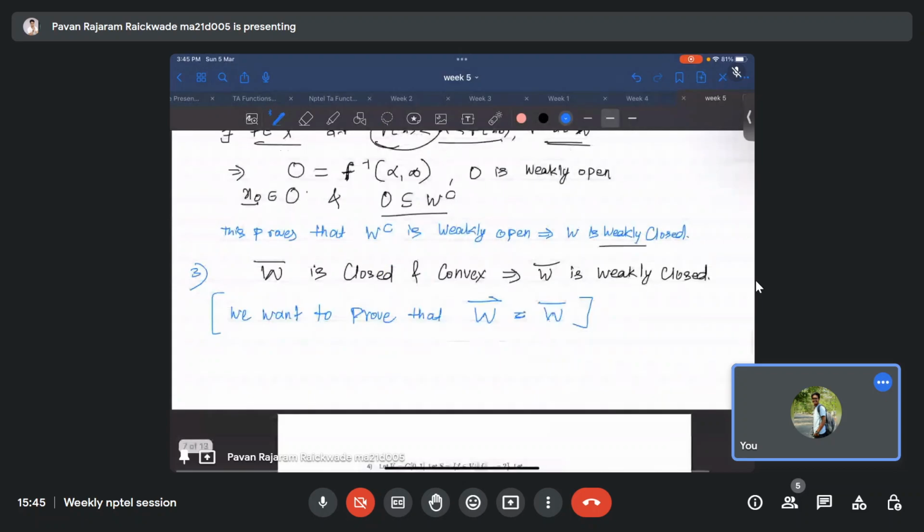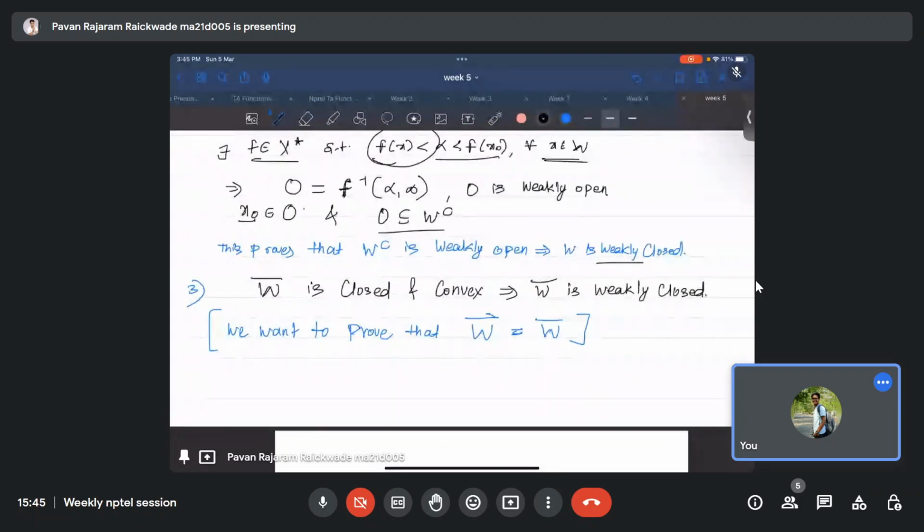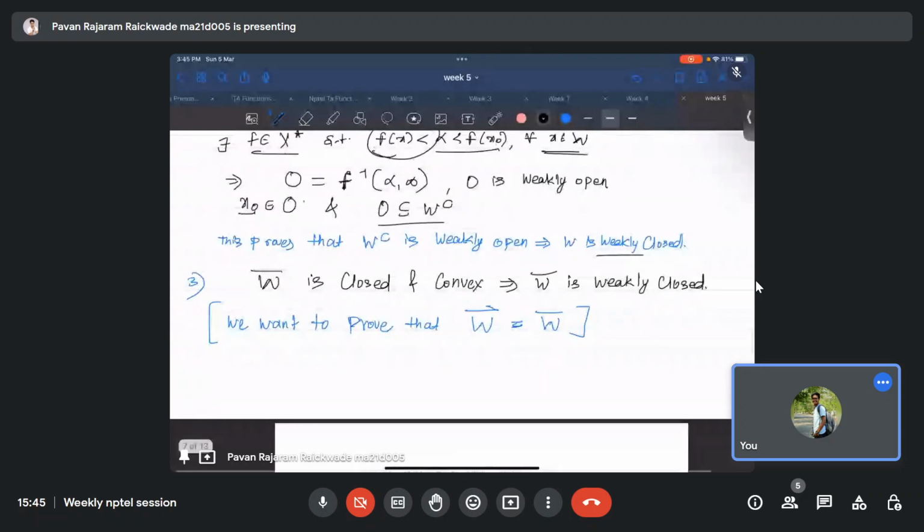One side is always true. Which side? That the weak closure of W is contained in the norm closure.